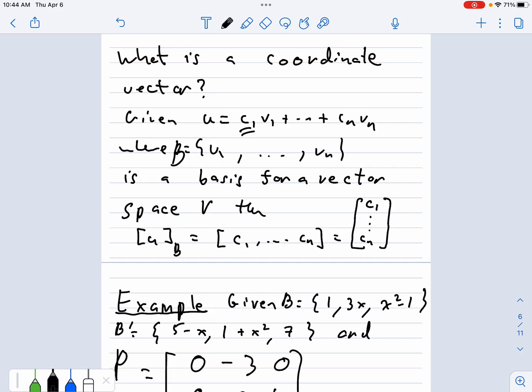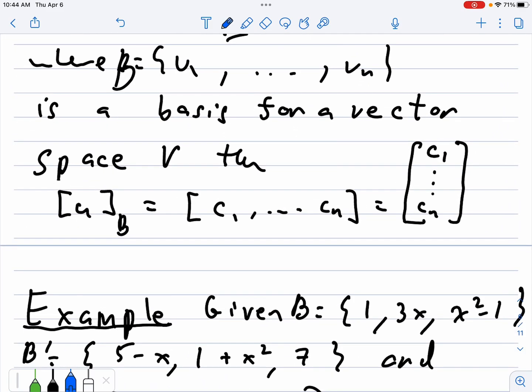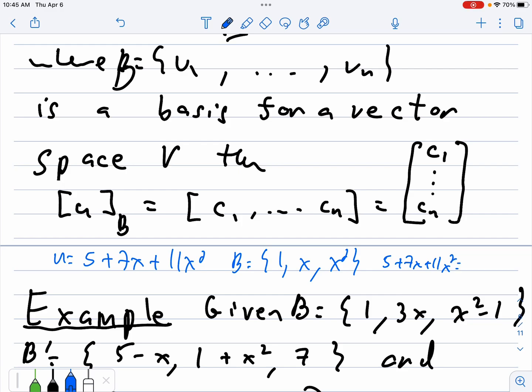Then the coordinate vector is basically just the coefficients that form the linear combination. To expand on this, if I gave you the vector 5 plus 7x plus 11x squared, and I gave you this basis for P2, which was just the standard basis 1, x, x squared, then 5 plus 7x plus 11x squared can be written as 5 times 1 plus 7 times x plus 11 times x squared.